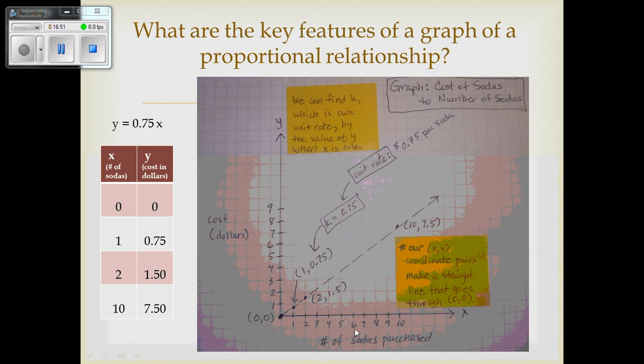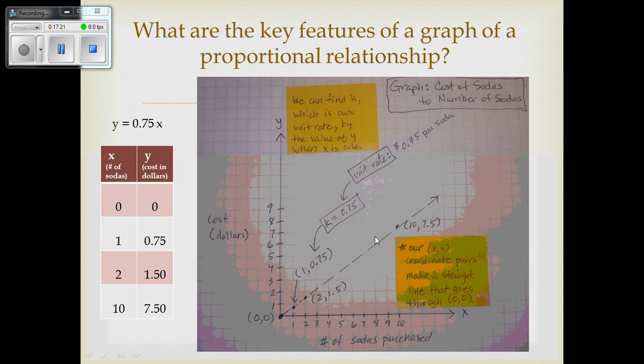And my last coordinate pair I plotted was 10. So I slid over to 10 on the x-axis, and then I slid up to 7.5, which is halfway between 7 and 8, and I made a dot there. Then I took a ruler and I drew the line that connects all these dots.